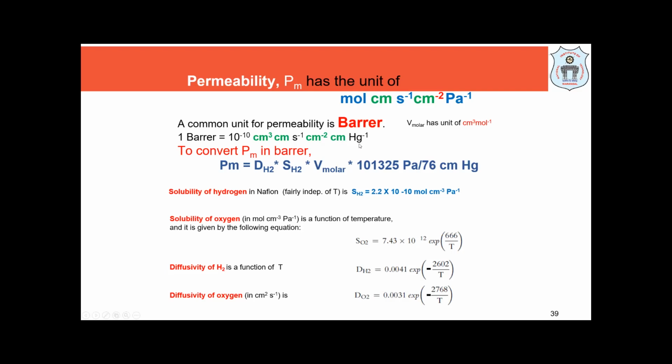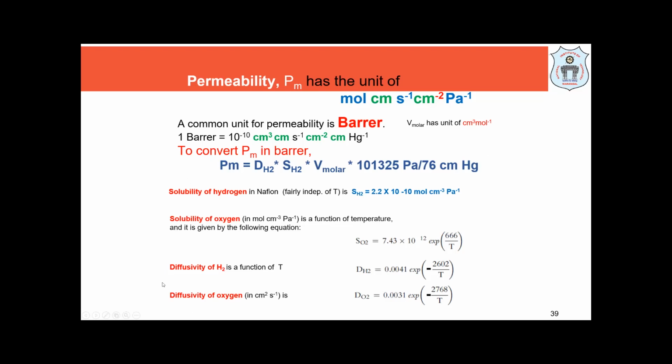Now, if you want to convert this permeability unit into barrer, permeability equals D into S multiplied by V molar, and we have to convert the unit: 101.325 Pascal is equal to 76 centimeter mercury. So that way it is centimeter mercury inverse, right? We multiply by 101.325 Pascal by 76 centimeter mercury, and we get the barrer unit. So that is the conversion factor.